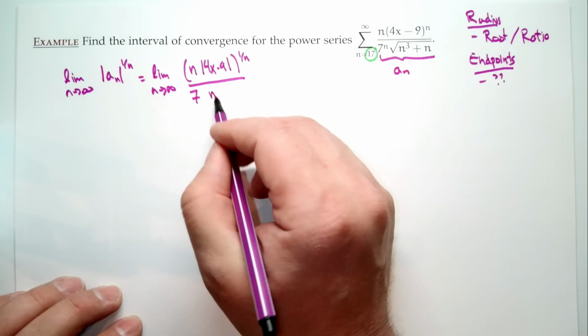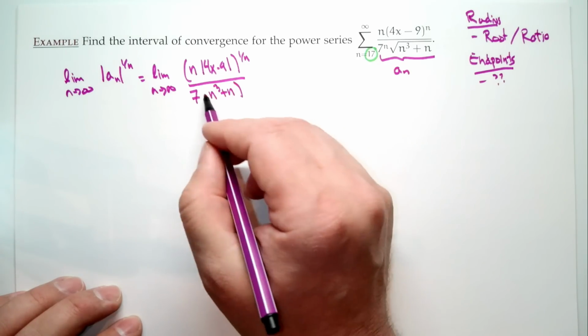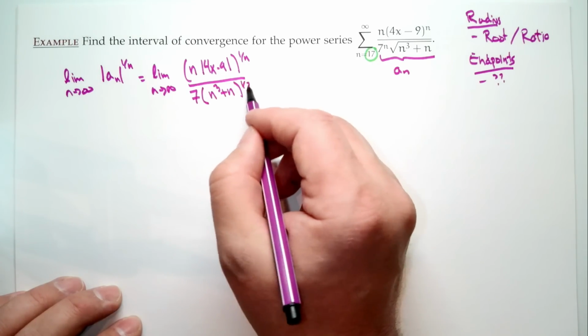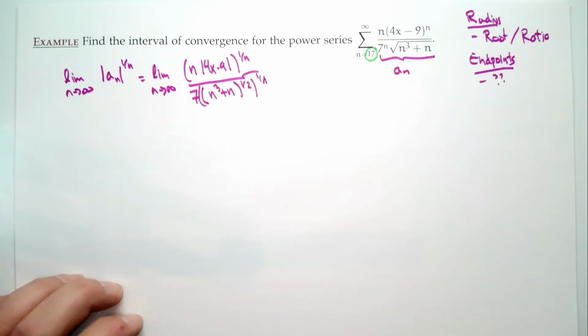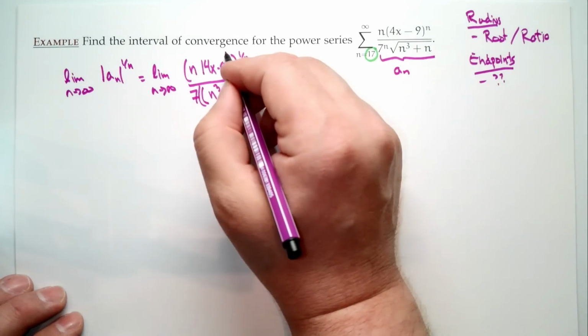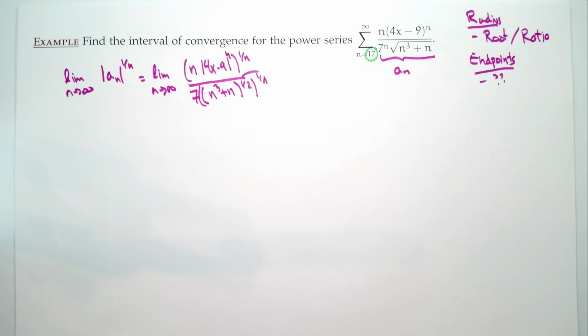And then I have n cubed plus n to the 1/2 to the 1 over n. All right. Oh, whoops. I forgot to put my n here. There we go. Got to make sure we have it all there.